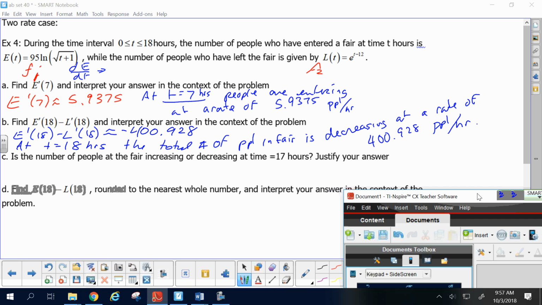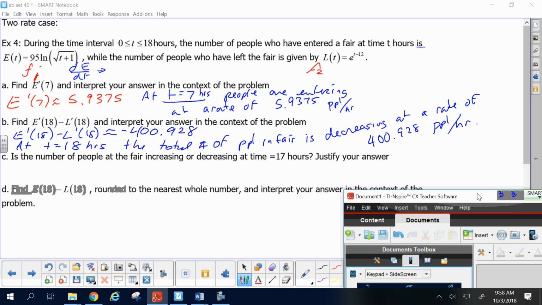Or how would we address C? Is the number of people at the fair increasing or decreasing at time 17? Let's talk about it. First of all, do I need to compare the number of people who have entered or left, or do I need to compare the rates of change in the enter and leave? The rates of change. And so I need to do one of two things.